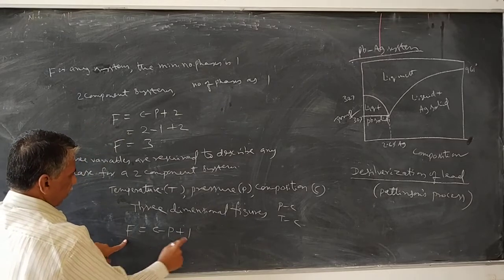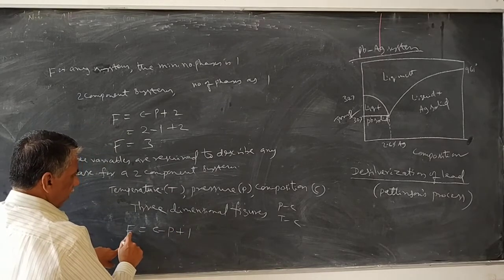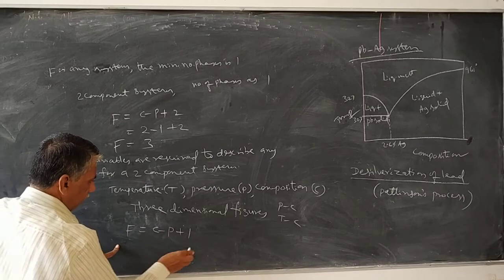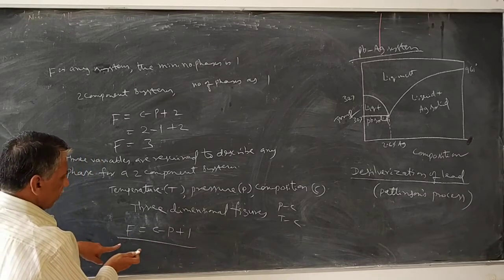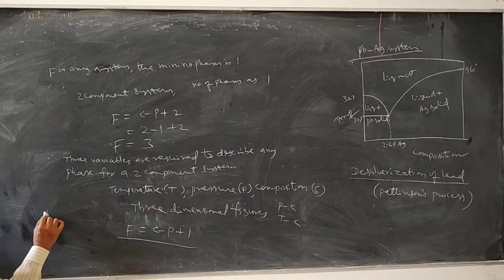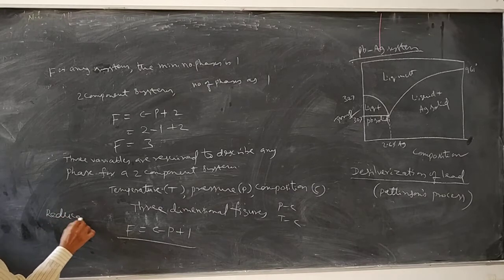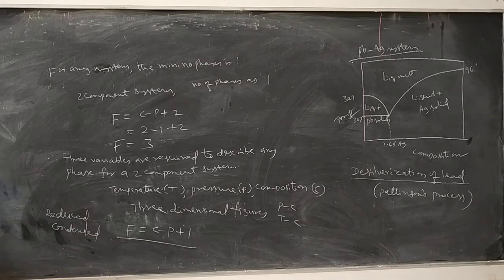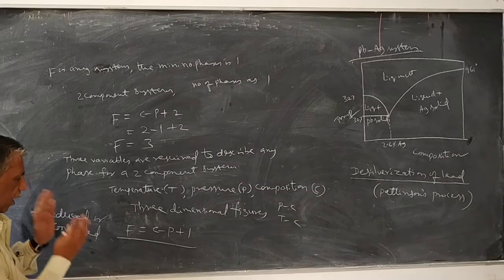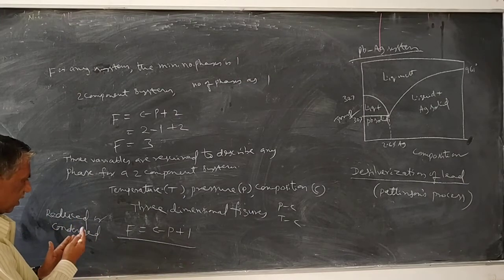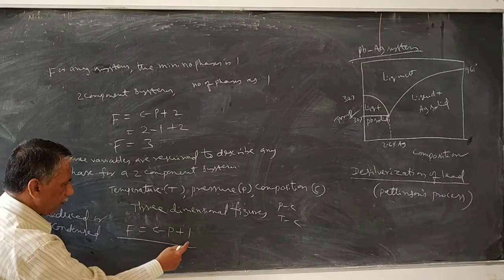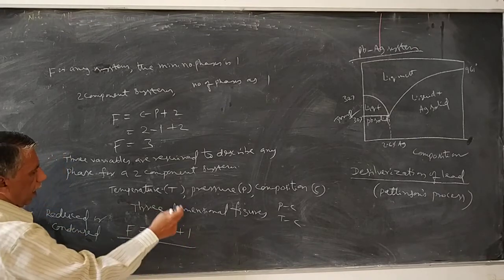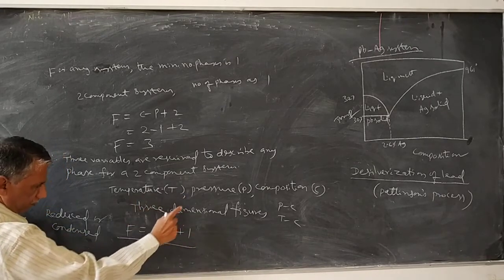Therefore, this is the new phase rule equation, F is equal to C minus P plus 1, which is called the reduced phase rule equation or condensed phase rule equation. Here I have reduced one of the variables.